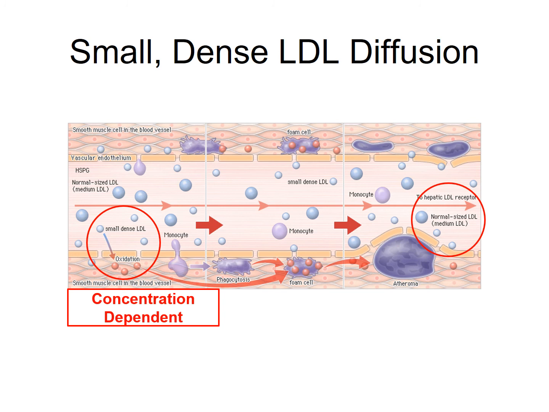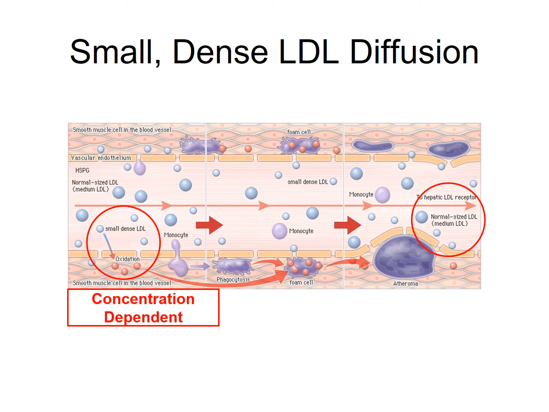So this is exactly what is happening. You have a high amount of small dense LDLs in the bloodstream. There's more there than in the tissues in the blood vessel, and so the small dense LDLs want to move with their concentration gradient underneath the intima.